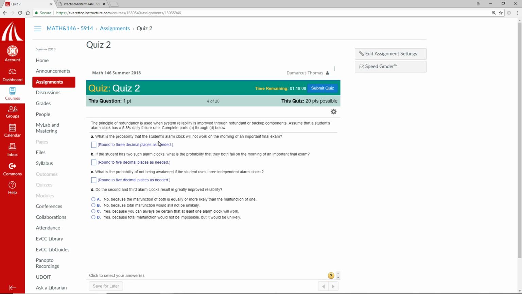Yeah, this seems pretty tough. The principle of redundancy is used when system reliability is improved through redundant or backup components. Assume that a student's alarm clock has a 5.8% daily failure rate. What is the probability that a student's alarm clock will not work on the morning of an important exam?